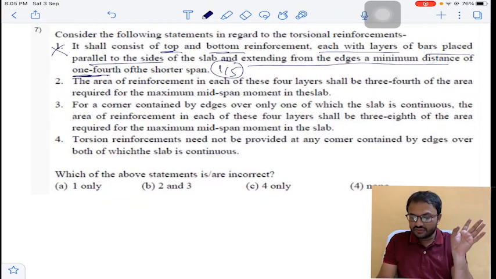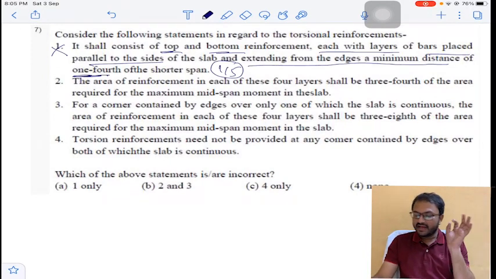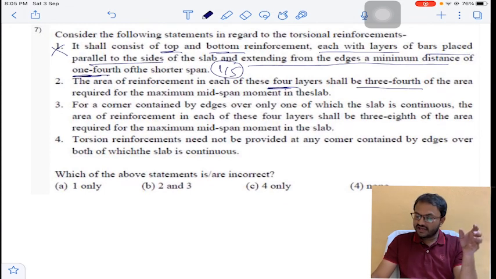Clear? And now coming to second statement, the area of reinforcement in each of these 4 layers, that is tension reinforcement and compression reinforcement, along with these 2 reinforcements, torsional reinforcement can be provided in extra 2 layers. So total layers will become 4 layers. Shall be 3/4 of the area required for maximum mid-span moment. Clear? So statement 2 is correct.